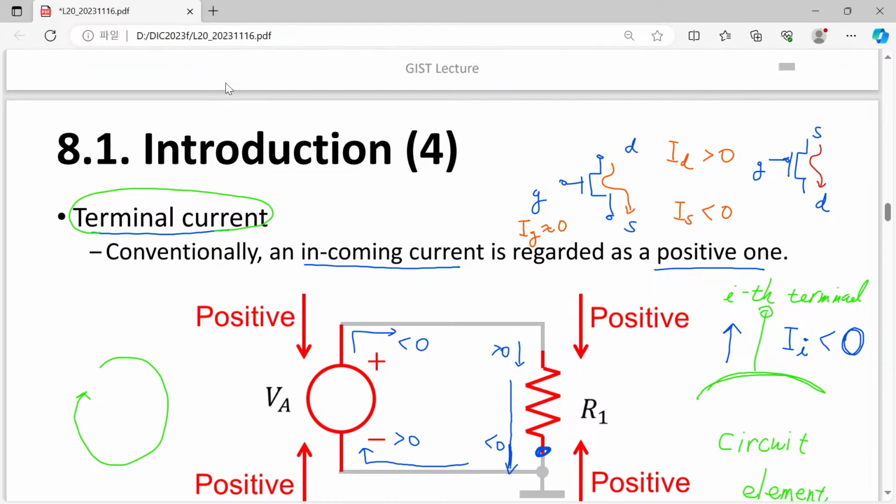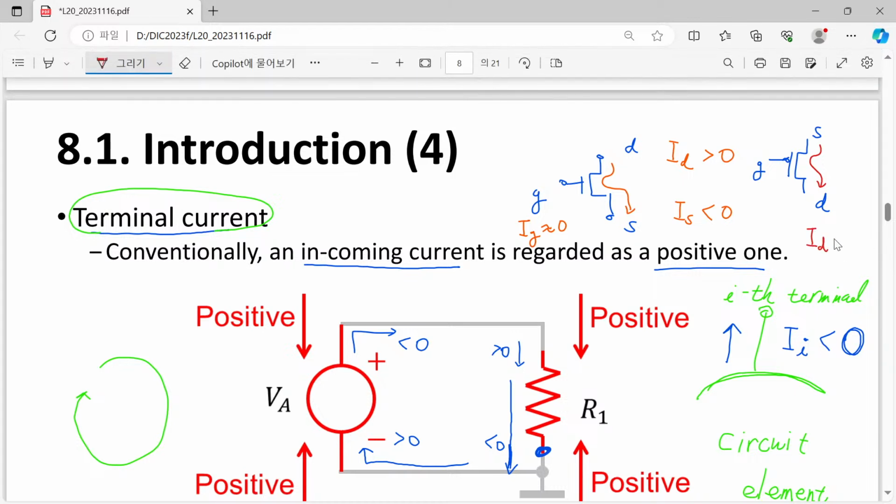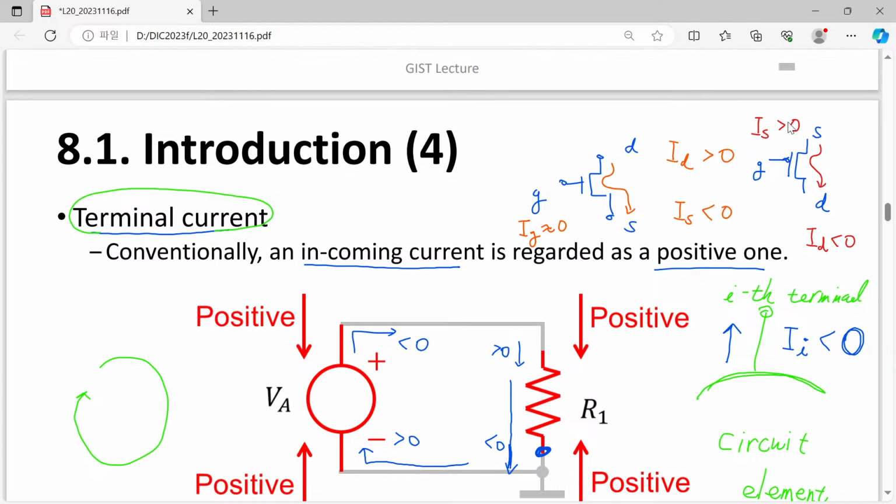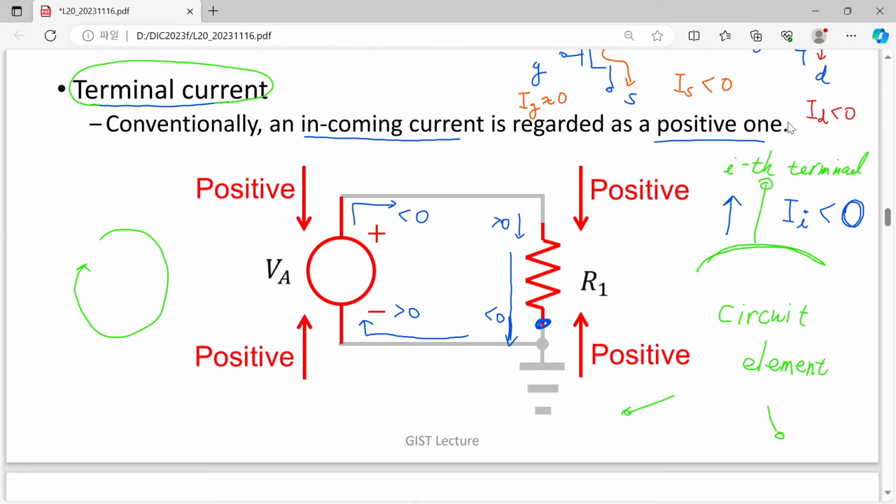Our drain current in the case of a PMOSFET should be a negative number, and the source current is a positive number. Please don't be confused by this sign convention. The bottom line is quite simple: always, incoming current is regarded as a positive one. That is universal for circuit simulation. So please understand this one.